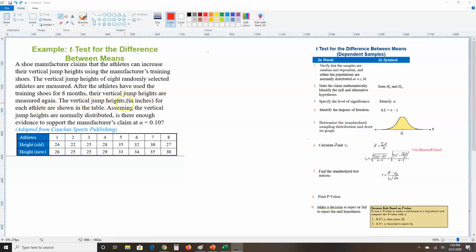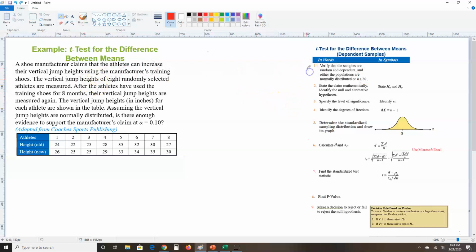The vertical jump heights in inches for each athlete are shown in the table below. Assuming the vertical jump heights are normally distributed, is there enough evidence to support the manufacturer's claim at alpha equal 0.10? So we're going to follow these steps when the samples are dependent. Okay, in a moment I'm going to explain what I mean by dependent samples.